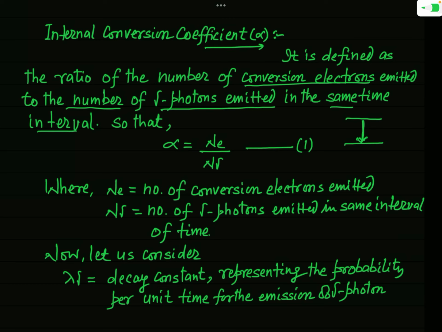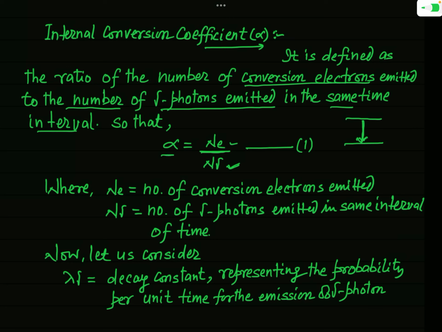Okay. If you consider that in a particular given time interval, the number of ejected electrons is equal to Ne and the number of ejected photons is N gamma in the same time interval, then when you divide the number of ejected electrons by the number of ejected photons, that ratio is called the internal conversion coefficient.